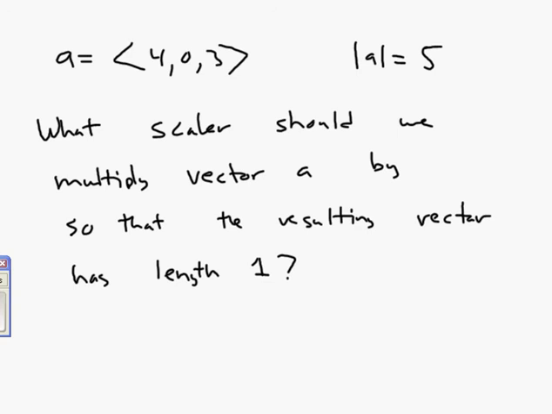If we can answer that question, then we know how to find a unit vector in any direction we want. What do you want to multiply this vector A by? 1/5. That's right. We want to take the vector 4, 0, 3 and multiply it by 1/5. We end up with this vector, 4/5, 0, 3/5.